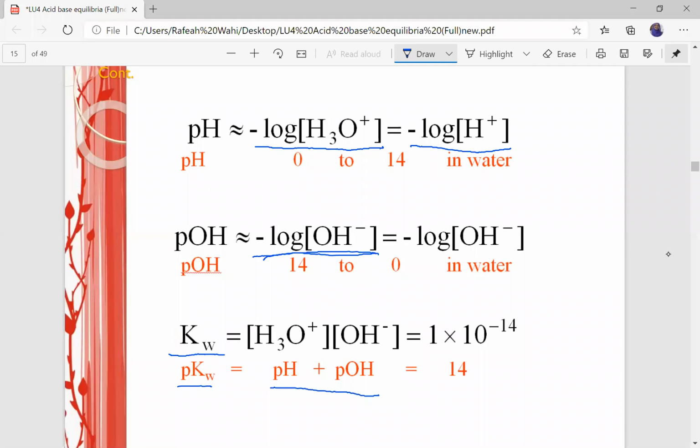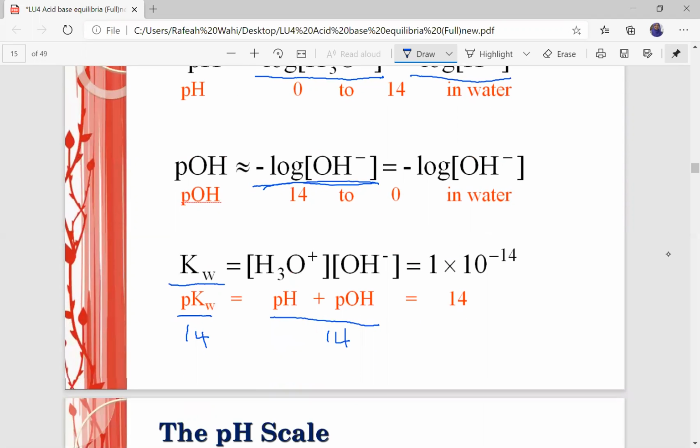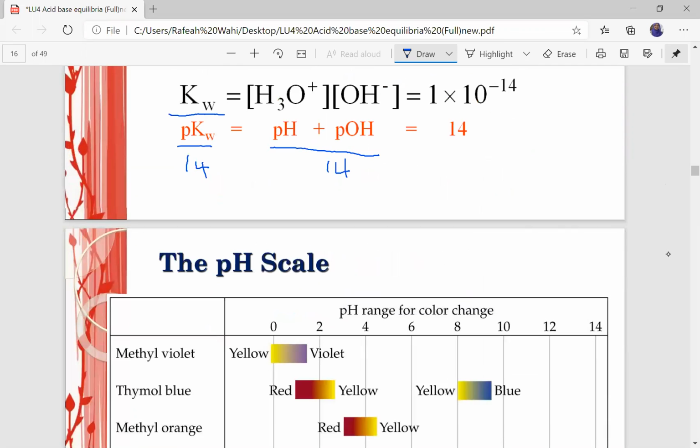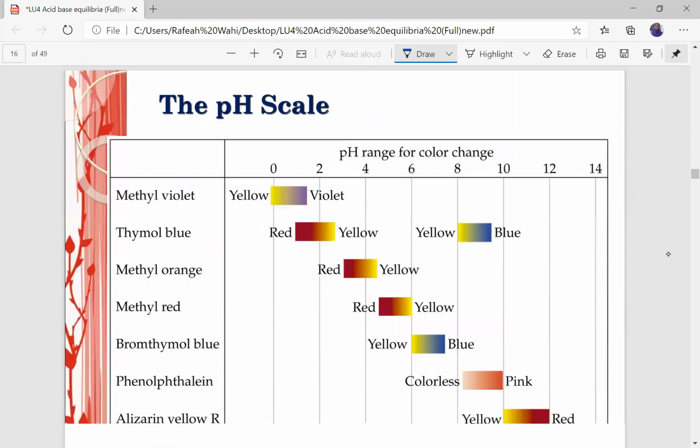It always equals pH plus pOH and always equals 14. Okay, so you know that pKw is 14 and pH plus pOH is also 14. Okay, so these values come from the Keq for water, the water constant.